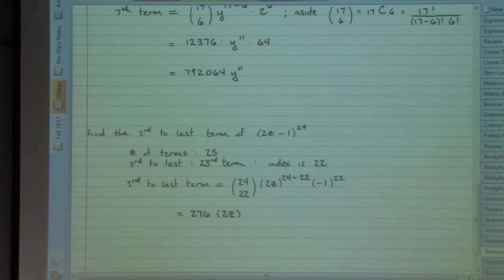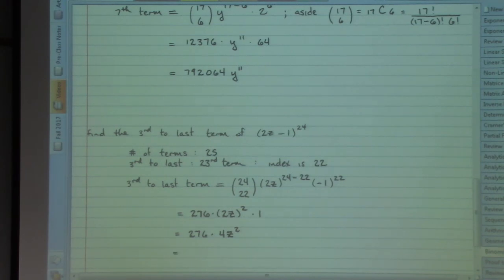The 2z would have a simplified power of 2. We'll come back to that in just a second. A negative raised to an even power is just going to be a positive. And since that's a 1, thankfully things don't get any crazier from there. 2 squared is 4, so what we've got showing up here is 276 times a 4z squared.